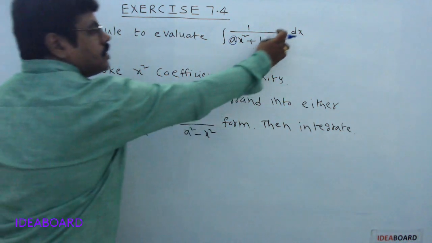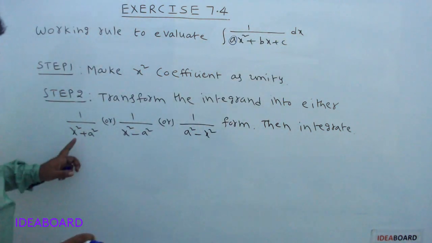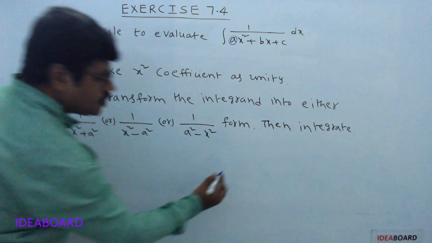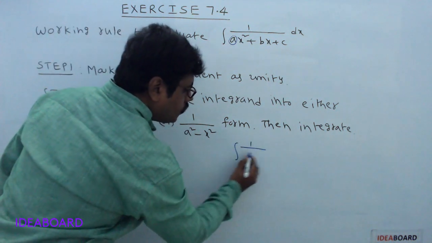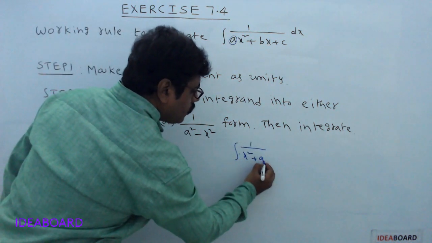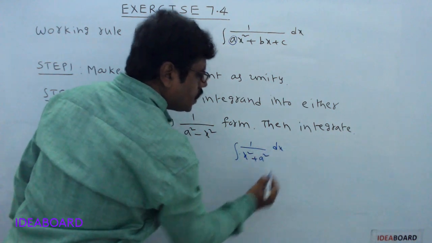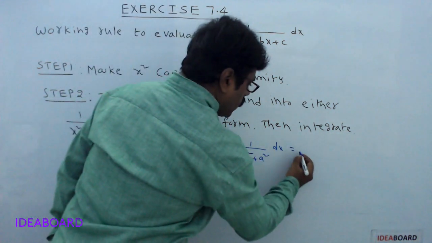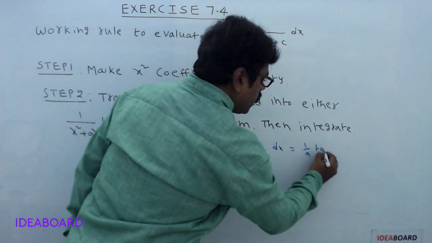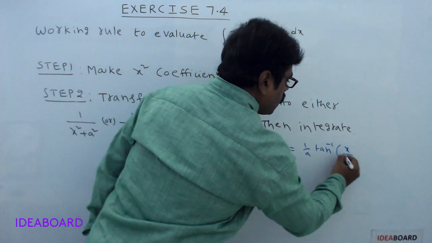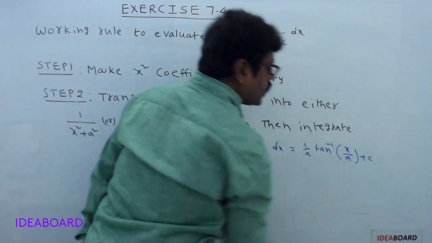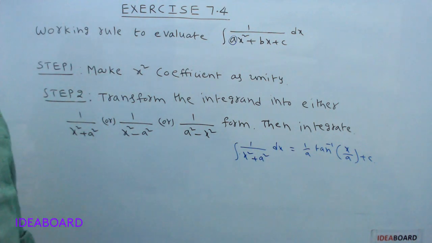Suppose this integrand is reduced to the first form. In such a case, you can apply the formula of integral 1 divided by x square plus a square dx, which is 1 by a into tan inverse of x by a plus some constant c.